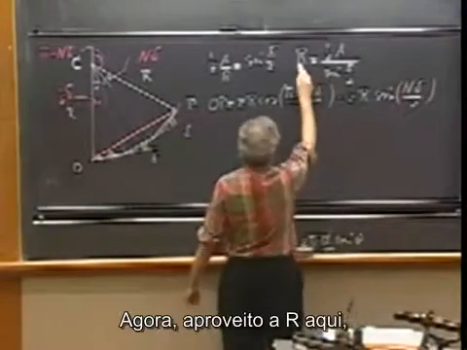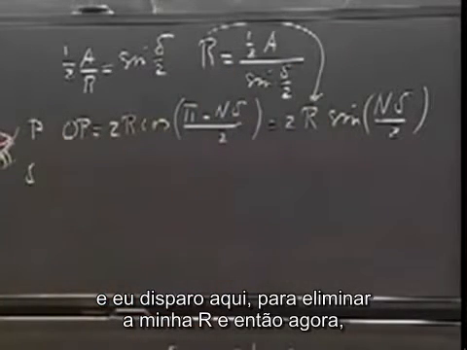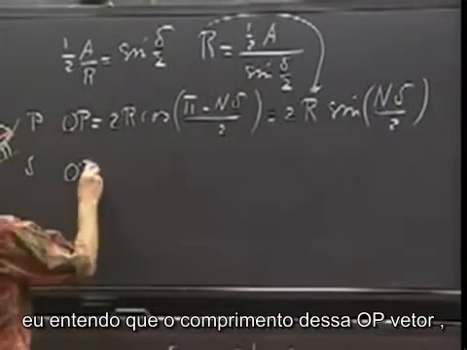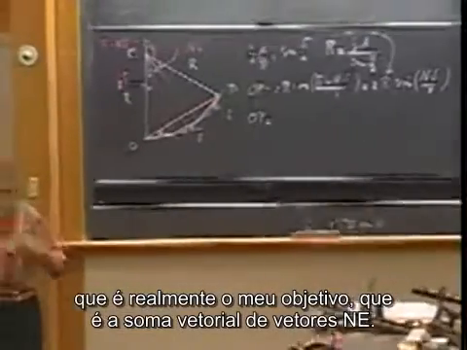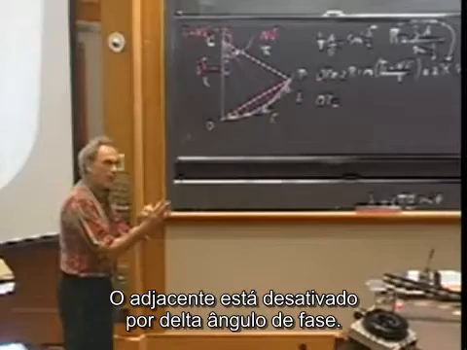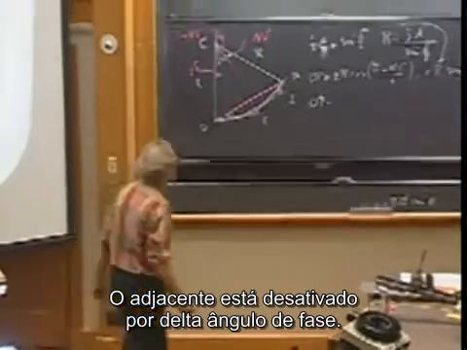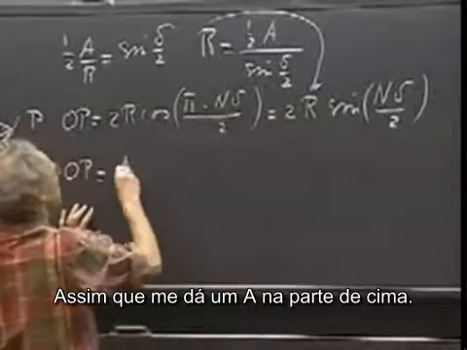Now I take this r here, and I pop that in here to eliminate my r. And so now I get that the length of that vector OP, which is really my goal, that is the vectorial sum of n E vectors, the adjacent ones off by phase angle delta, that is going to be 2 times r, so that gives me an a upstairs.